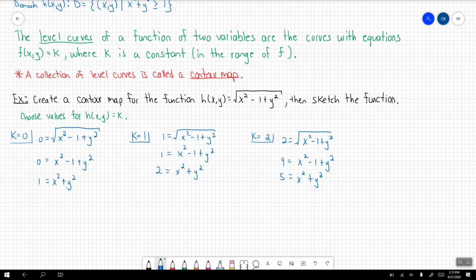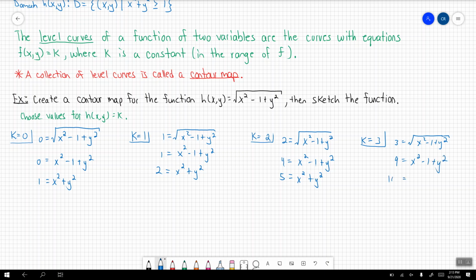All right, and let's do one more. One more just for the fun of it. Let's do k is equal to 3. So if k is equal to 3, we get 3 is equal to the square root of x squared minus 1 plus y squared. Then we get 9 is equal to x squared minus 1 plus y squared.